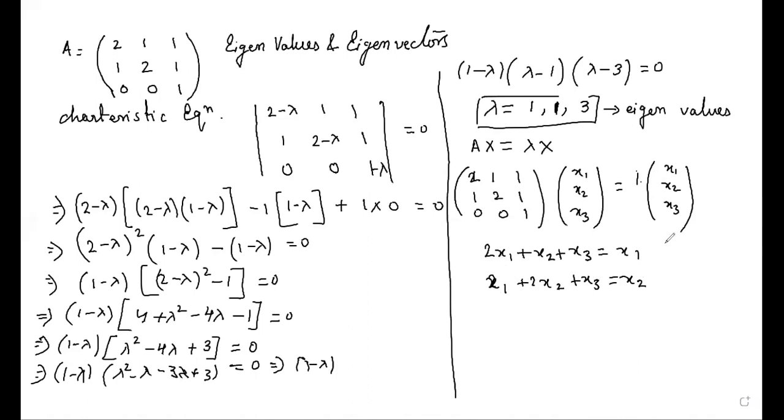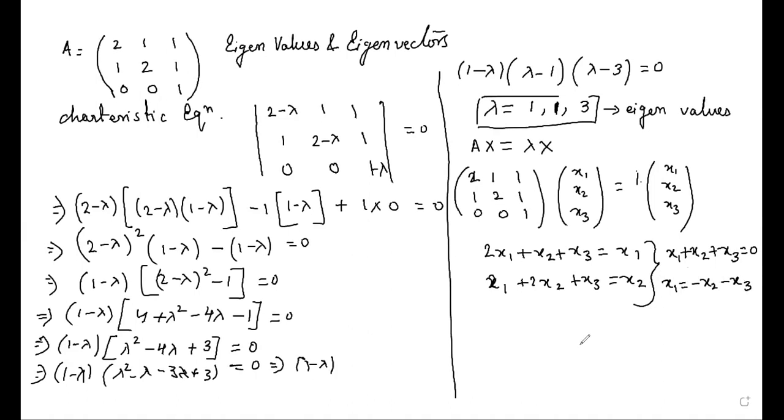And the third equation is identically satisfied, x3 equals x3, so it will not help us in finding the values of x1, x2, x3. These two equations are actually the same: x1 plus x2 plus x3 equals 0. So we can write x1 in terms of x2 and x3, that is, x1 equals minus x2 minus x3.